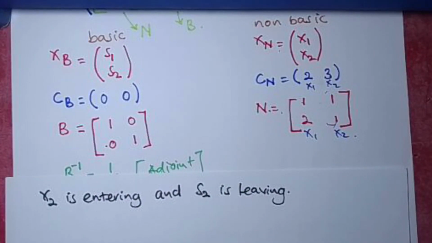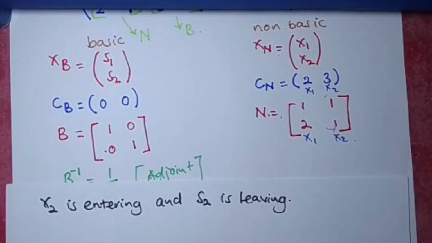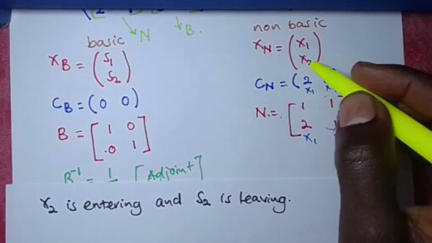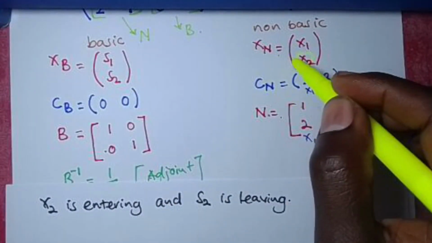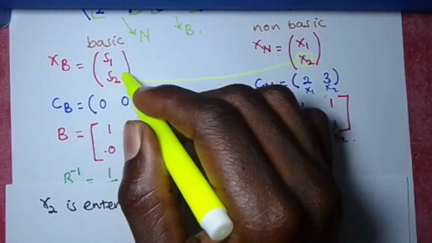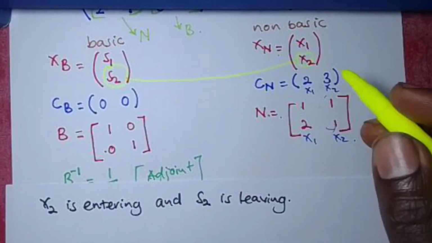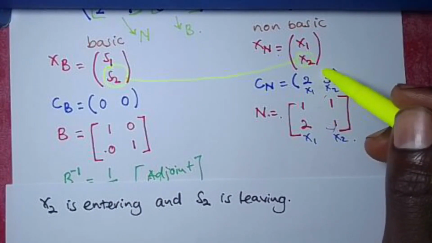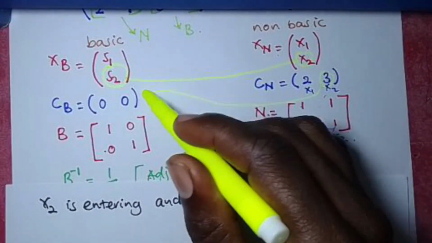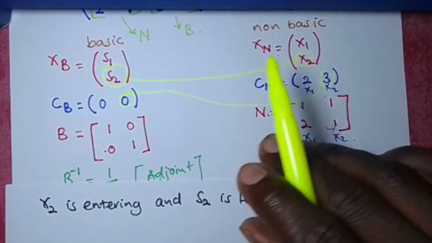And since we know what is entering and what is leaving, we are going to just simply get x2 from here, and we come and put it where x2 is. You getting it? Just direct substitution. Therefore, even these values here, the value for x2 here will come and sit where this one is. Okay?